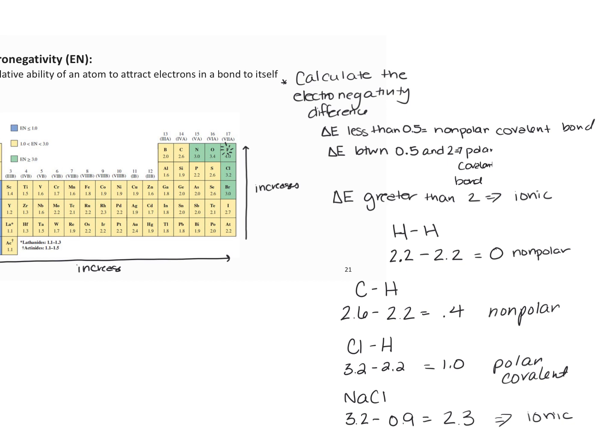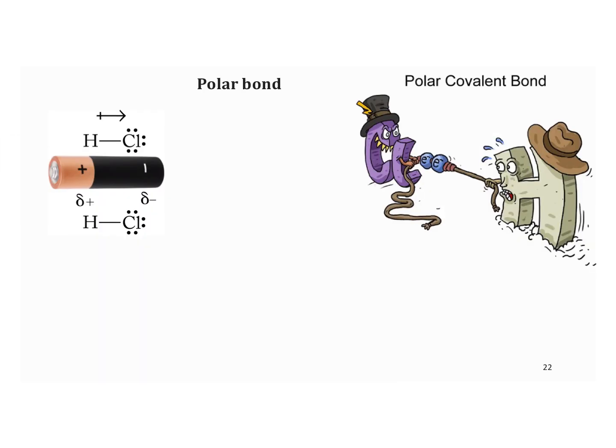Now, when we talk about polar bonds, sometimes you don't have a chart. The degree of polarity depends on the differences in electronegativity, and it's really helpful, for me at least, to visualize this. There's a couple ways you can visualize it.